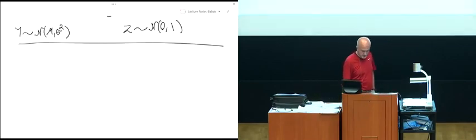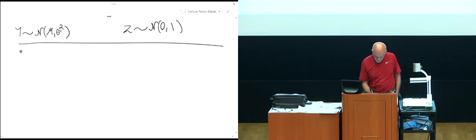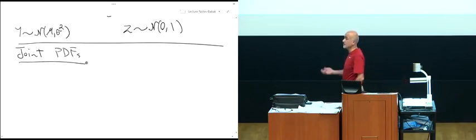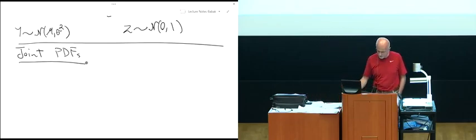I'll start another topic, and then we'll have to develop it next week. Joint PDFs. So we talked about linear transformations of random variables. Now I'm going to bring in more than one random variable.